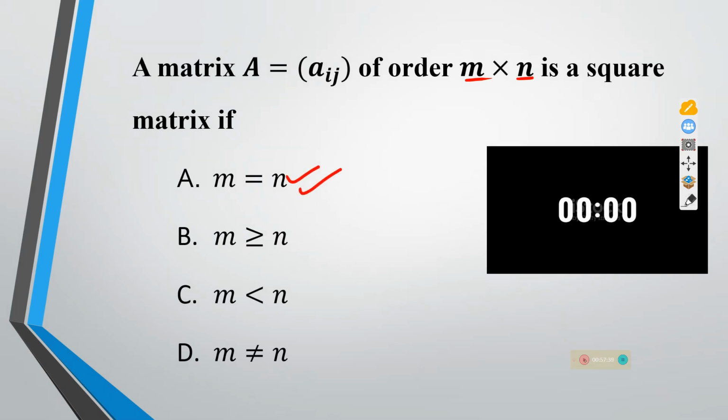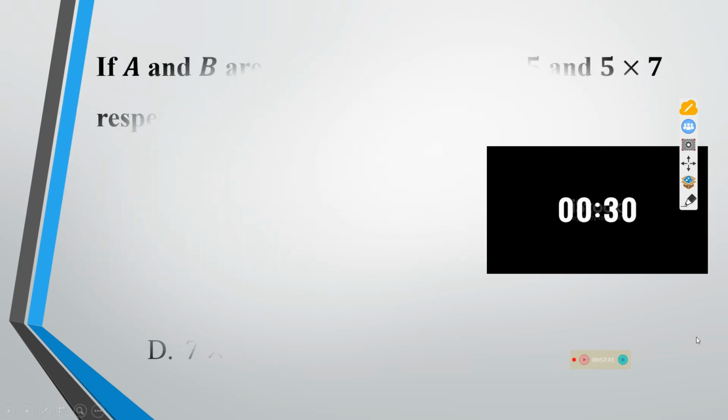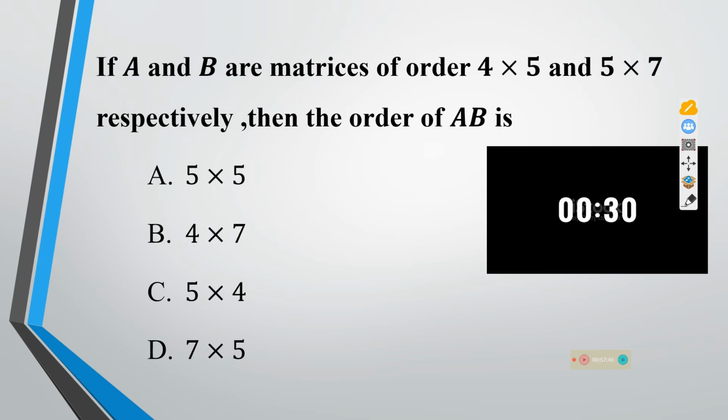So looking at the next question, if A and B are matrices of order that respectively, then the order of AB is, you have 30 seconds.